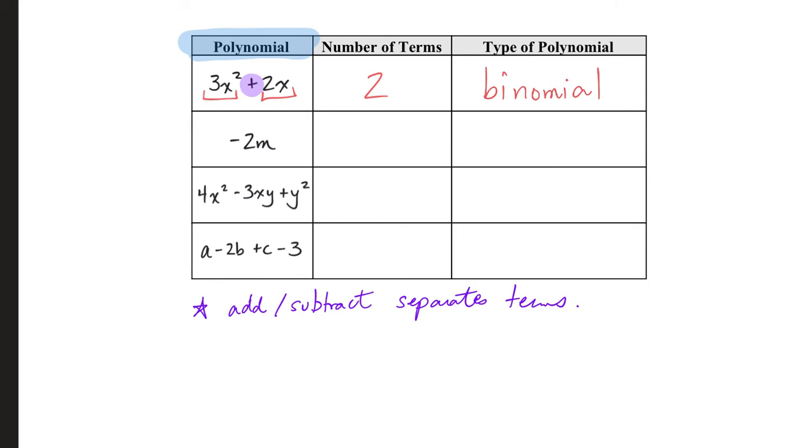Now, when I say it shouldn't surprise us, I don't mean that I would have had everybody automatically know it's a binomial. What I mean is, if it's a polynomial, then we shouldn't be surprised that it ends with nomial. That's what polynomial ends with.